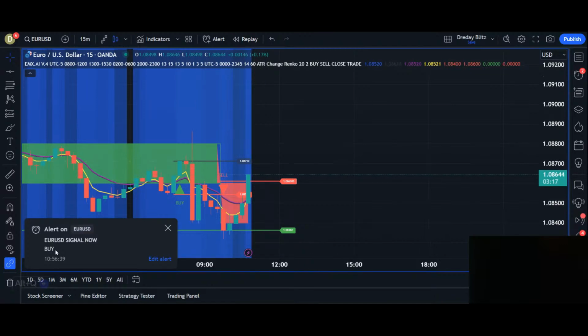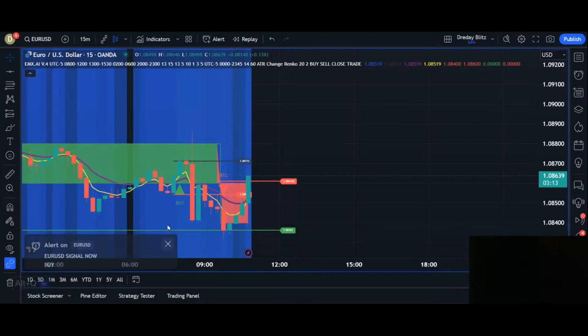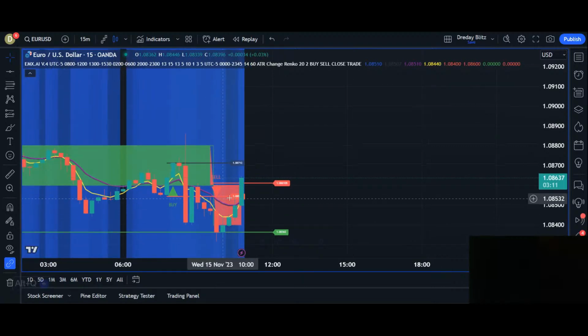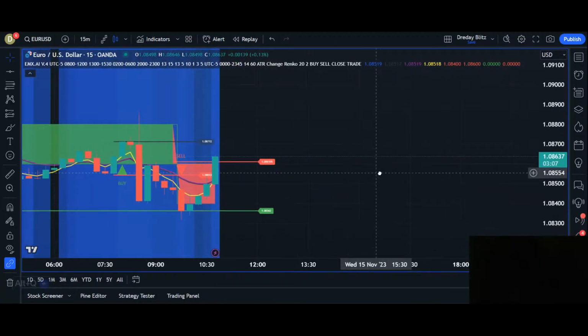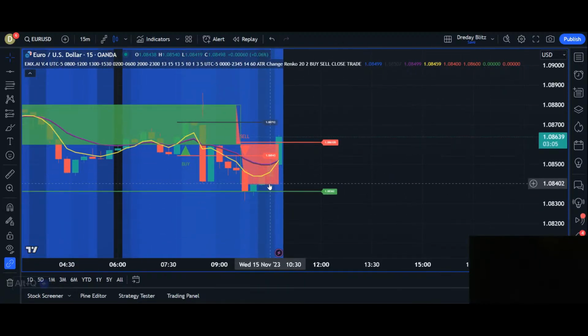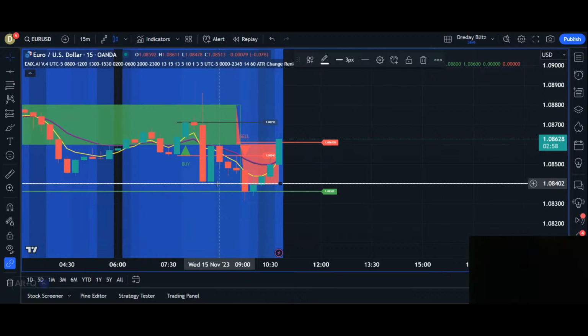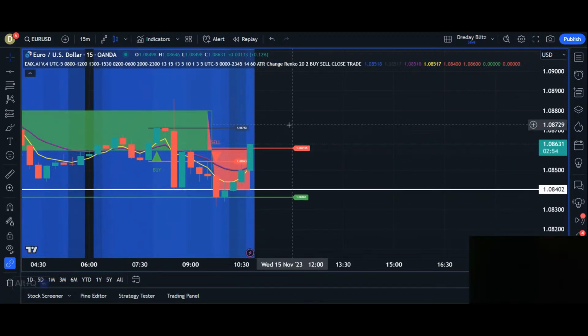So as you can see, we had a buy signal here on Euro USD. So your buy signal is right here. So your stop loss should be plotted here at that price. So this is your stop loss right here for that trade.